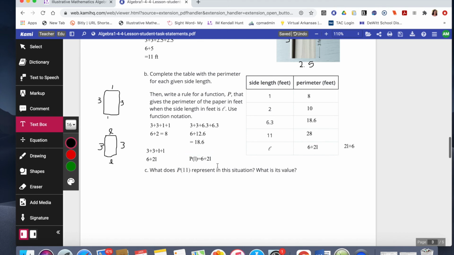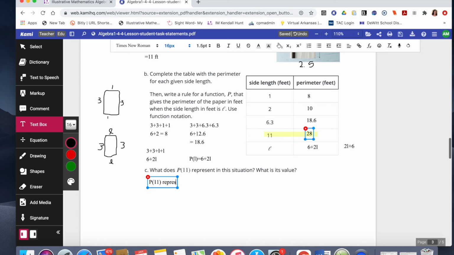Okay, what does P of 11 represent in this situation? So I'm looking here. P of 11, a side length of 11. It gives us the perimeter because we've already calculated that. But what does P of 11 represent? P of 11 represents our perimeter, because that's what the P is telling us, perimeter, with a side length of 11.